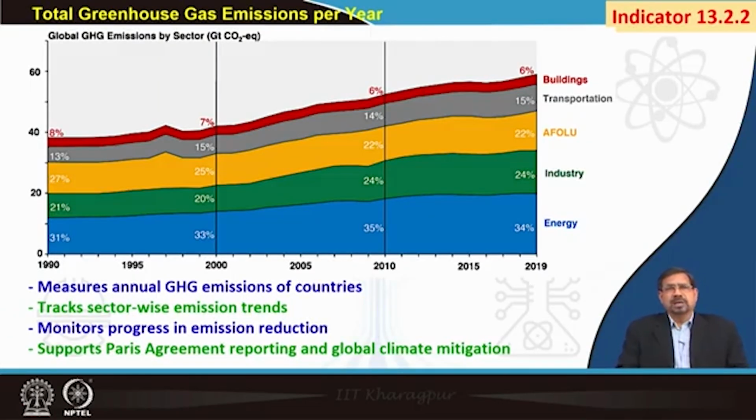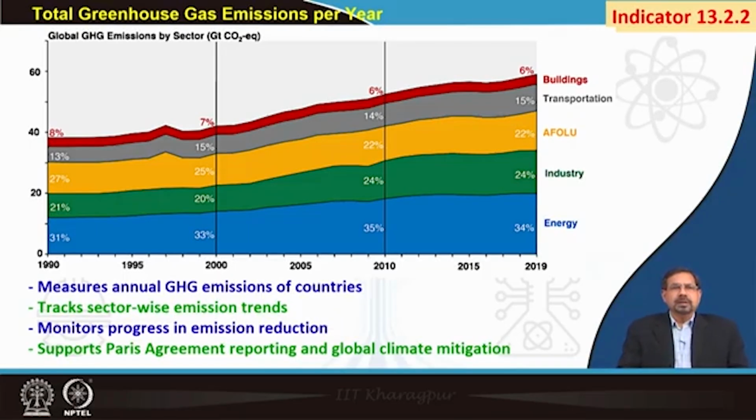Now, let us have a look at the sector wise greenhouse gas emissions over the past few decades. Look at this figure that talks about global greenhouse emissions by sector, with the unit represented in gigatons of carbon dioxide equivalent, because we know all other greenhouse gases are equated with respect to their global warming potential in comparison to carbon dioxide.